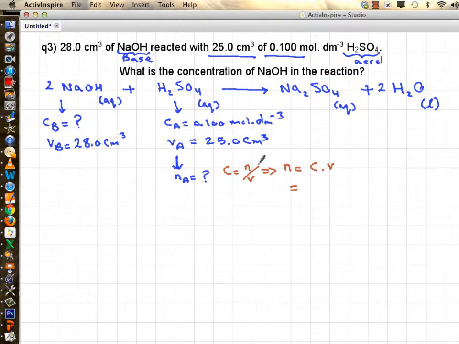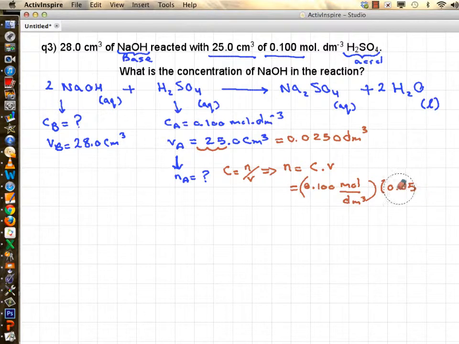Let's go after the concentration of our acid, which is 0.100 mole over decimeter cube, times volume, which is, I take it 3 decimal places to the left, so it's 0.025 decimeter cube. So times 0.02, sorry, let me just erase this and write it gently, slow down.